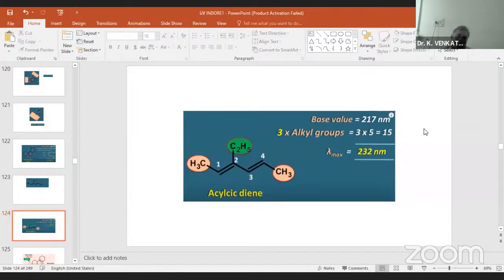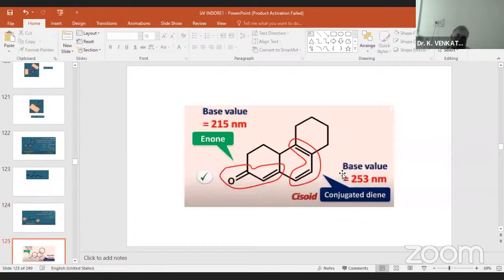Base value 270 nanometers and the 3 alkyl substituents, 3 multiplied by 5 equals 15. Answer is 232. Yes, 232 is the correct answer.